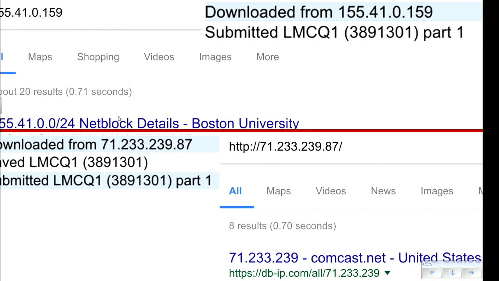But since today is a special day, I want to tell you a secret about WebAssign. I told you that WebAssign collects a lot of information. That also tells me, for example, where a person was logging in to the system.